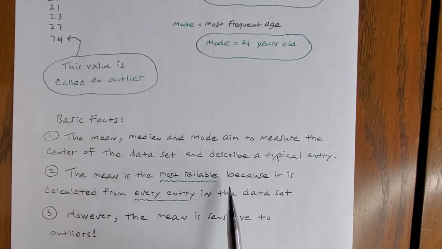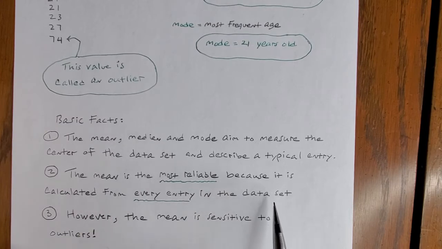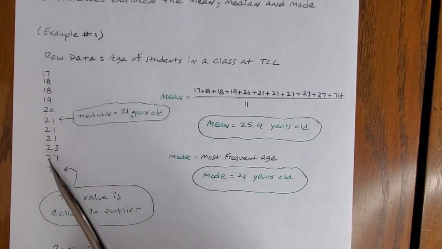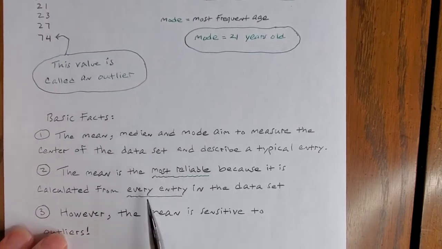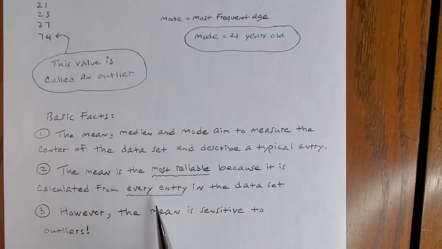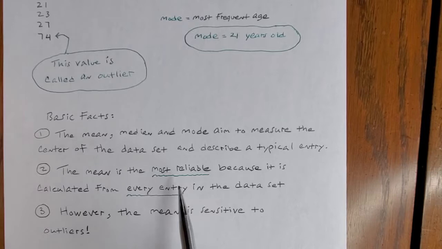It's the mean that includes every entry in the data set. And that might seem important: if I was going to tell you a number that meant something about the whole data set, you'd think it would have to include every single entry, like you couldn't ignore some of them. So that's why generally we say the mean is the most reliable.